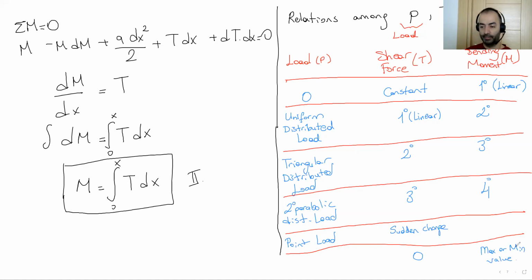So this means if we are looking for the maximum moment, we should look for the 0 shear force on the structural system. If we find the zero shear force location, calculate the moment at that point, it gives you the maximum moment value. Okay.